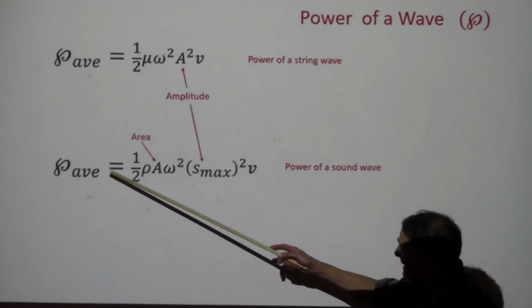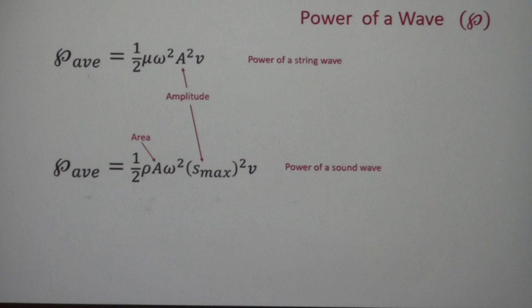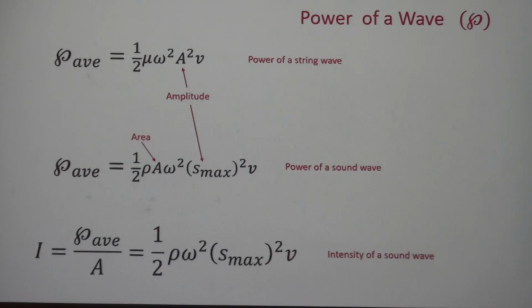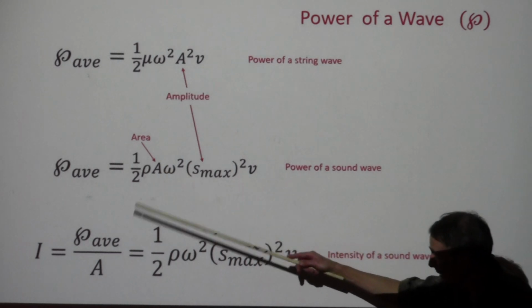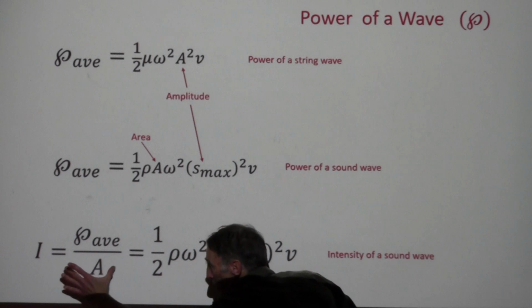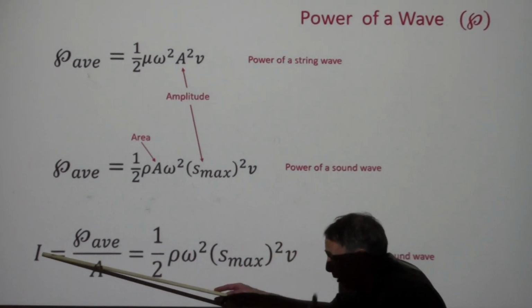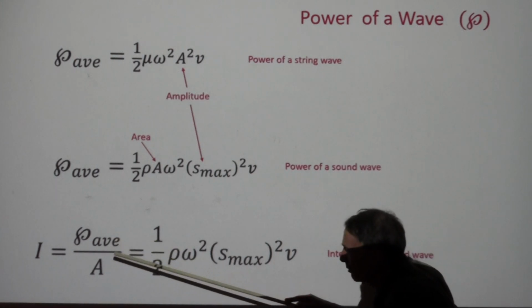Now usually with sound, rather than send it down a tube like we did in the lab, we're going to be doing something that's probably more important, and I think this part will be on the exam: the intensity of a sound wave, how loud it is, is the power over the area.